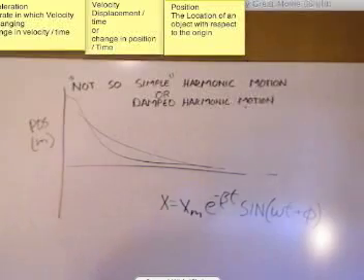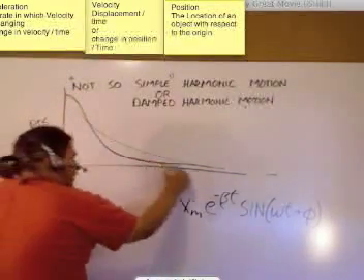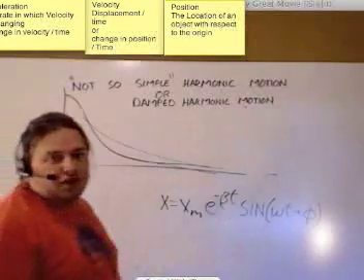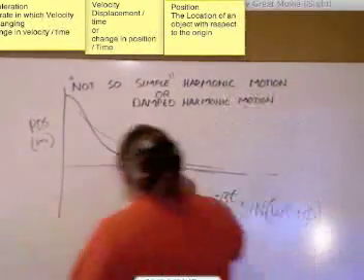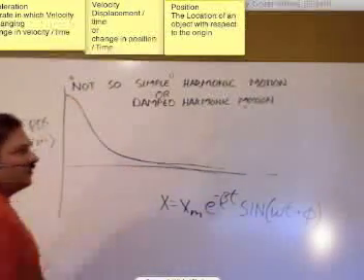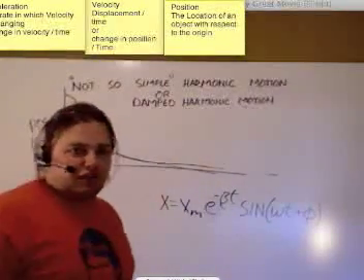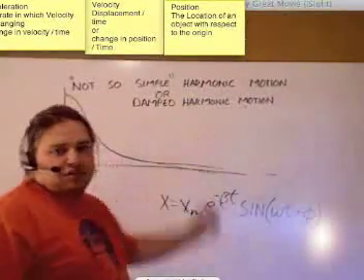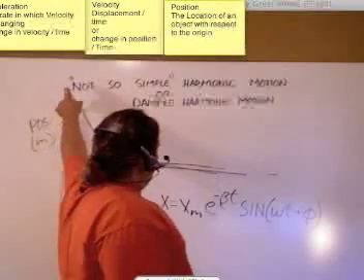Overdamped meaning that it doesn't go through a single cycle. It just collapses. As a matter of fact, this curve here that you're experiencing is nothing more than x max e to the beta t. The sine function is completely wiped out in this case. It's overdamped. It just goes.